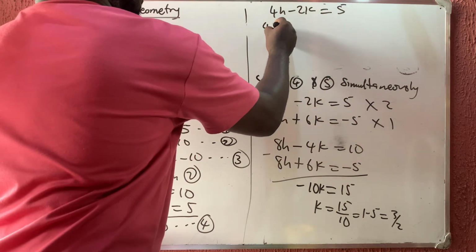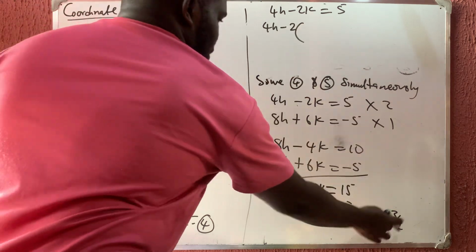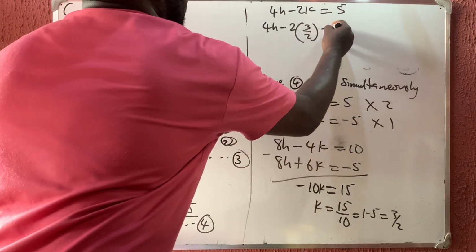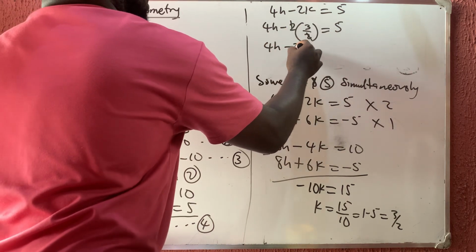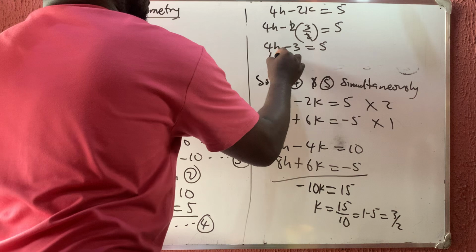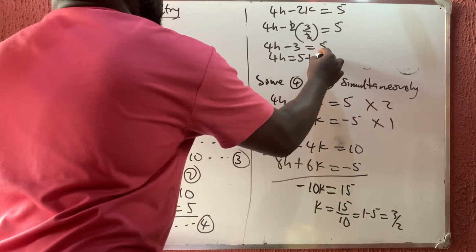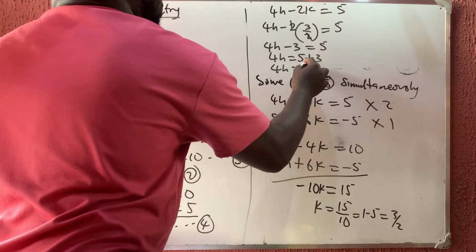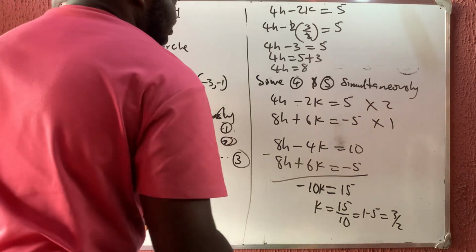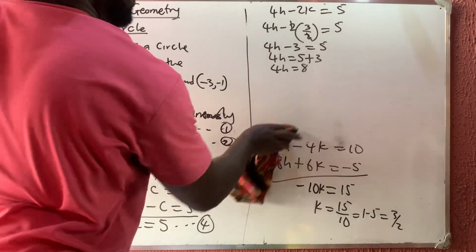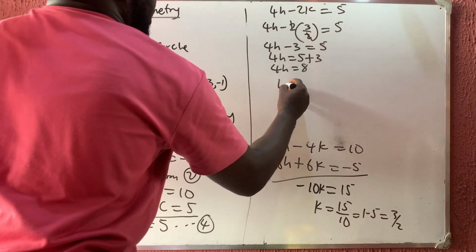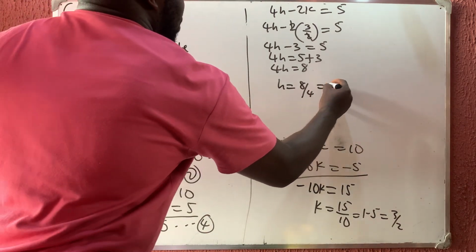So I will say that 4h minus 2 into 3 over 2 is equal to 5. So I'm having that 4h minus 3 is equal to 5. So therefore 4h is equal to 5 plus 3. Therefore 4h is equal to 8, which shows that my h is what? My h is 2. Okay, so this shows that my h is equal to 8 divided by 4, which is 2.